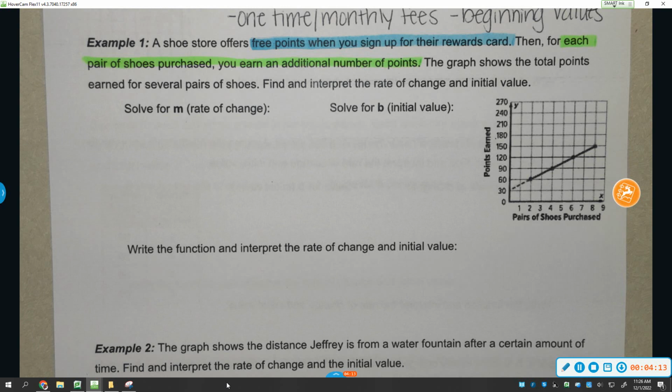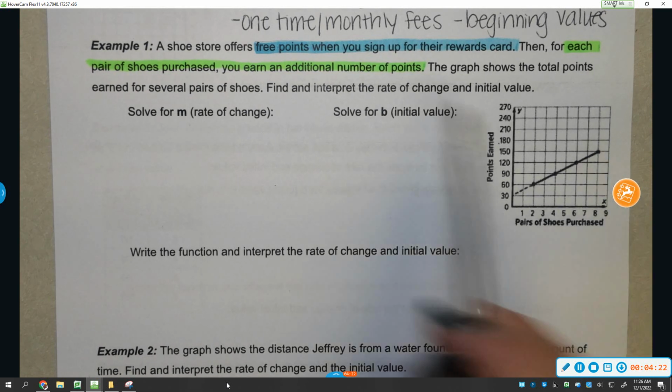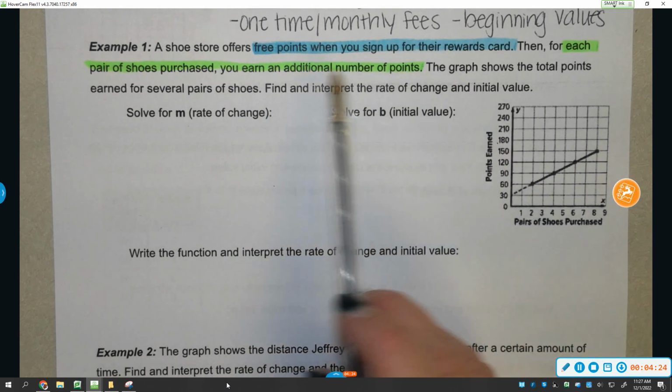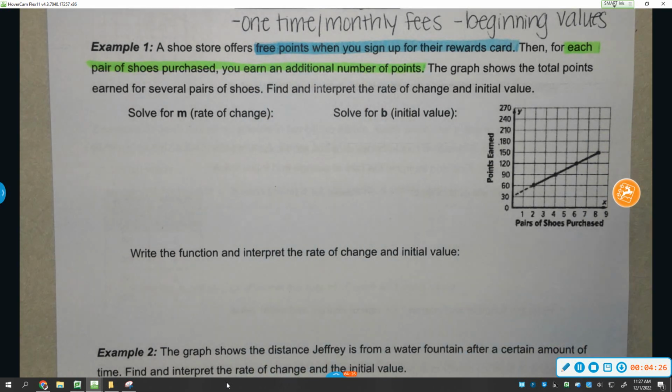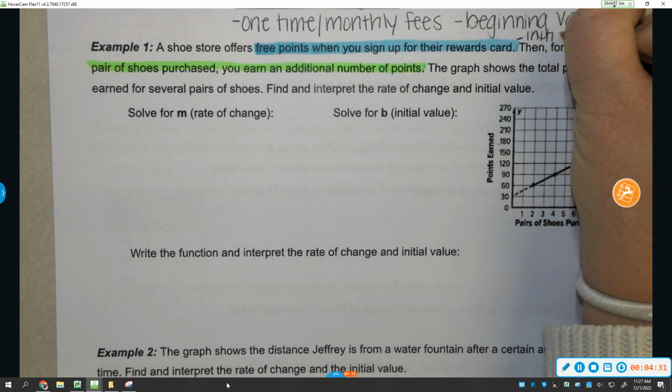So this right here in our story problem already tells us what our initial value and our rate are going to be. When you first sign up, this is the initial value.